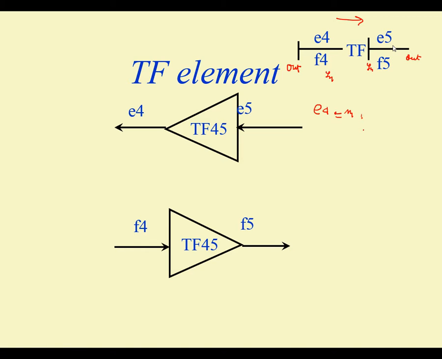So E4, let me write down very well here. E4 times the constant here is equal to E sub 5.